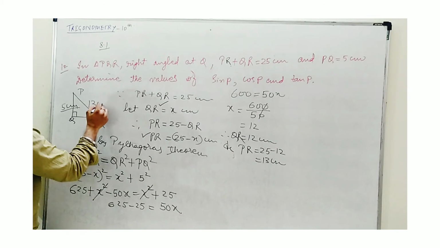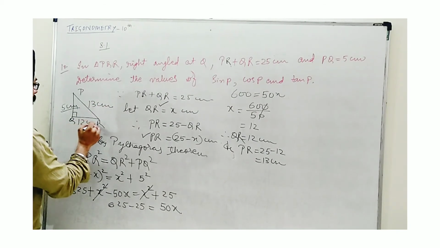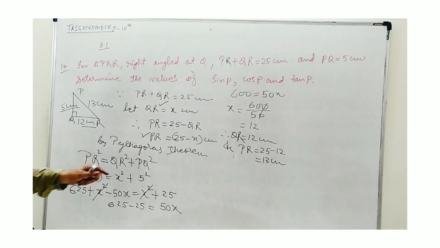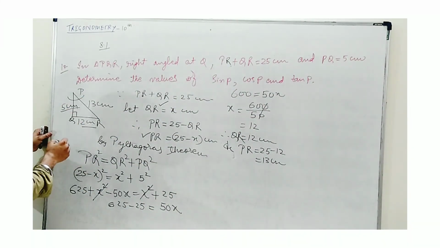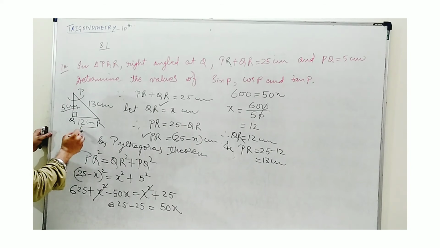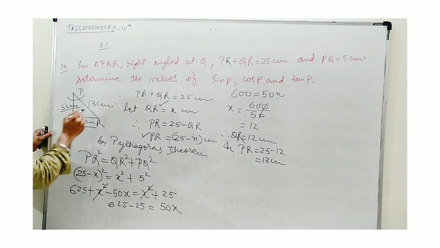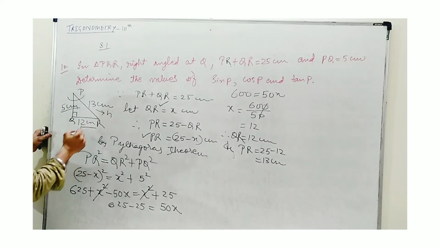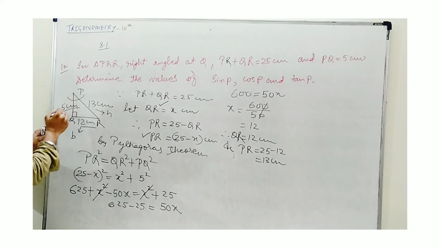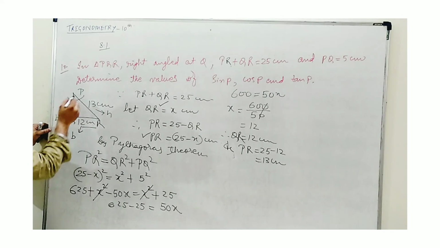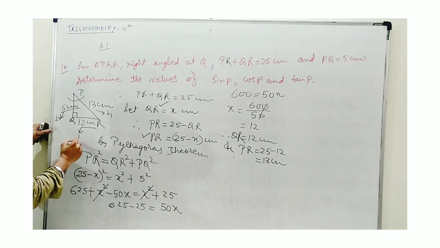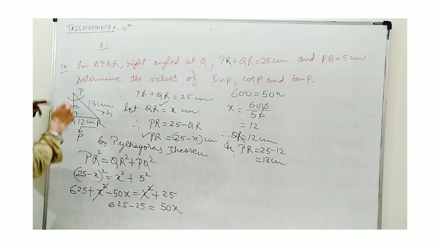PR, the hypotenuse, is 13, QR is 12. Now we can find the ratios with respect to P; we have to consider the acute angle P. With respect to P, QR is the perpendicular, and this will be the base.